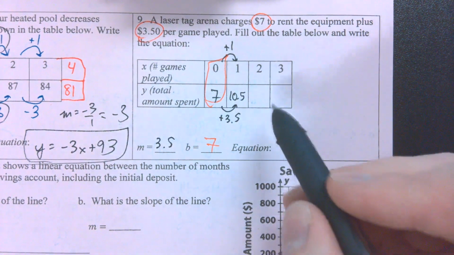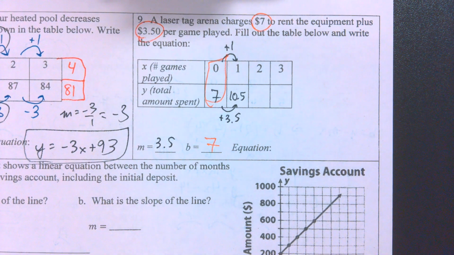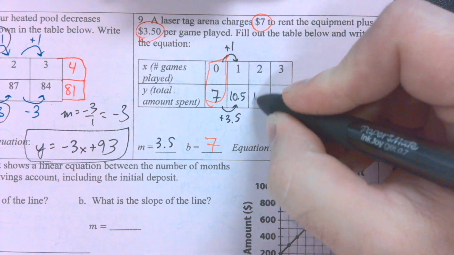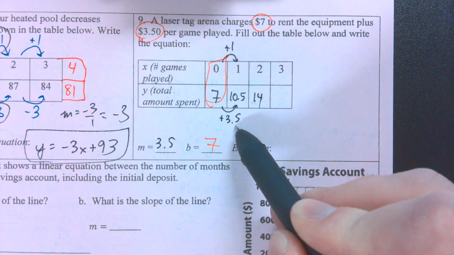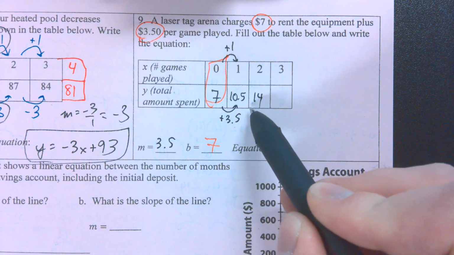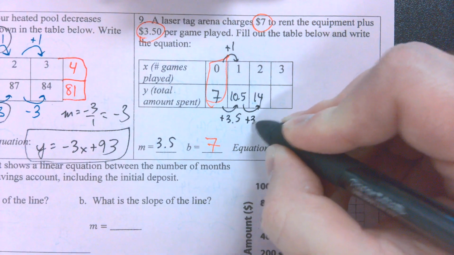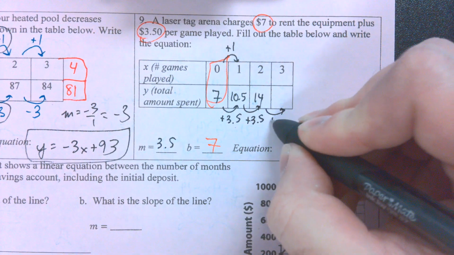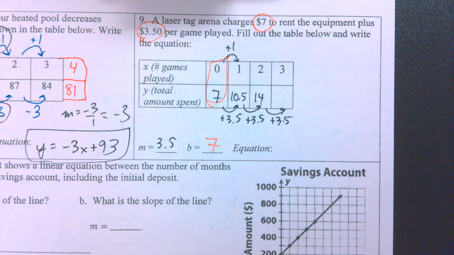How much would 2 games cost in total? 13.5. Close. 14. Right? 10.5, if we add the 0.5, that makes 11. 11 plus 3 is 14. And then my last 3 games, 14 plus 3.5. Well, what would 14 plus 3 be? 17.